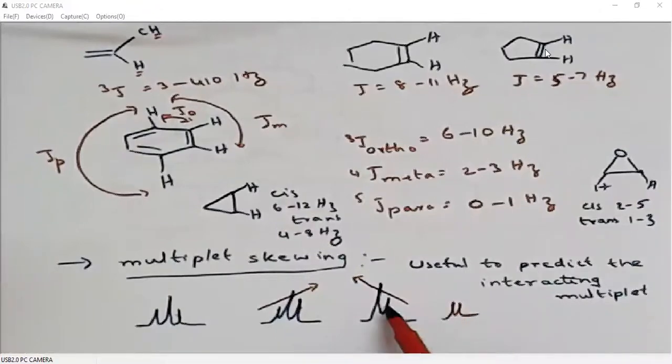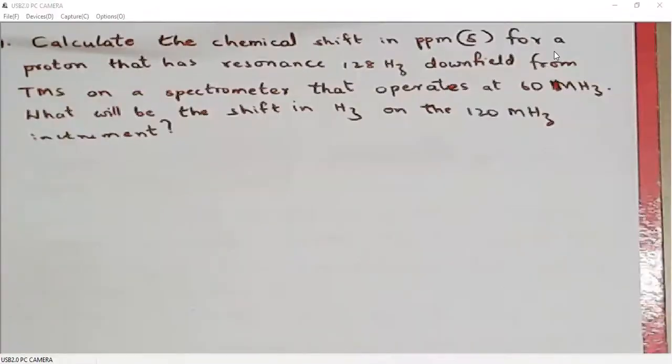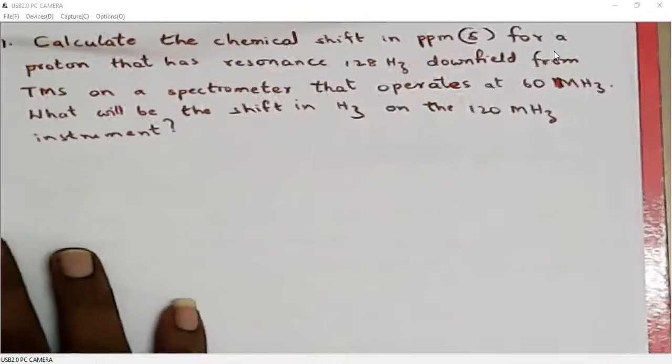But when it is interacting with a multiplet, because of skewing, it will show some jump in the intensity. So from this we can easily identify which multiplets are interacting, so that we can easily predict the structure of the molecule. Now we will practice some problems.